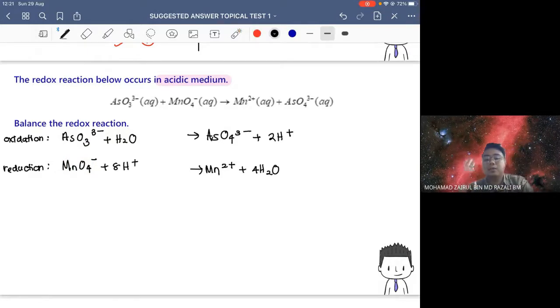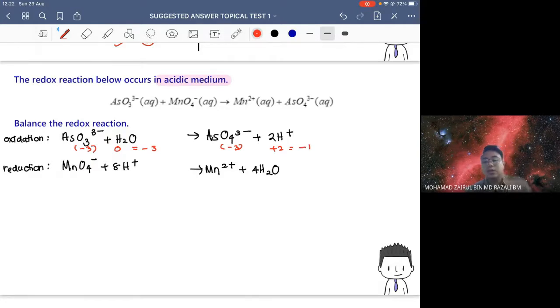Okay, dah balance oxygen, balance hydrogen, kita akan balance kita punya charge. Nak balance charge, kita kena compare, kita kena tambah elektron dekat kawasan yang lagi positif. Okay, so this one is minus 3, this one is 0, so total charge negative 3. This one negative 3, this one positive 2, so total charge negative 1.